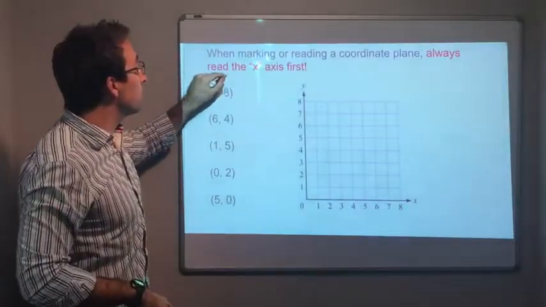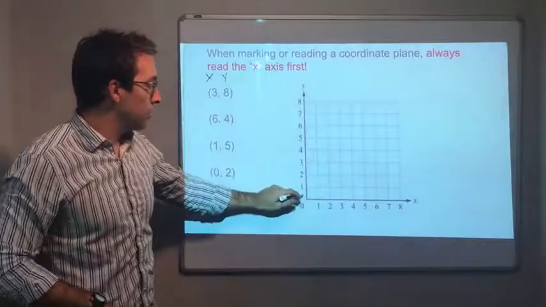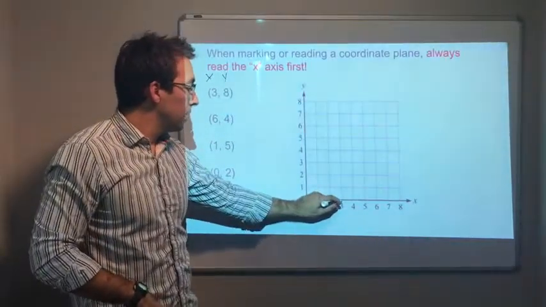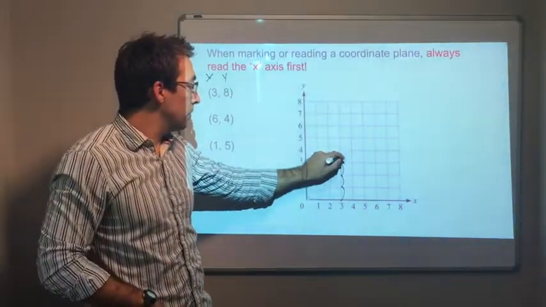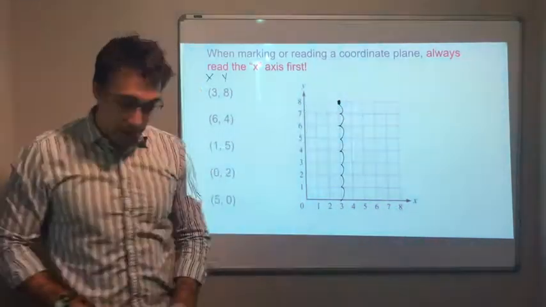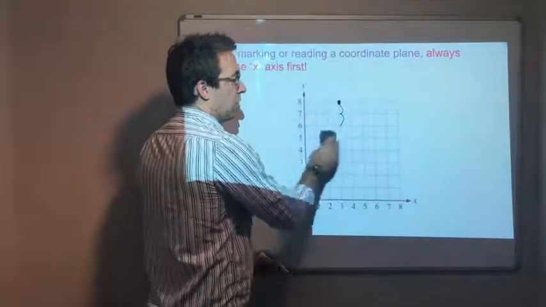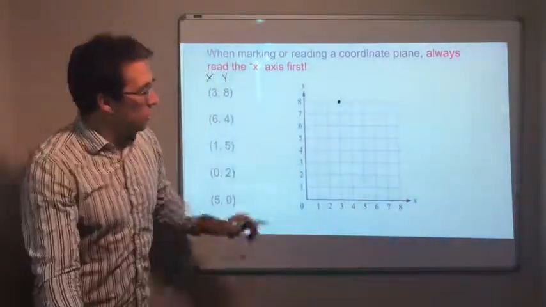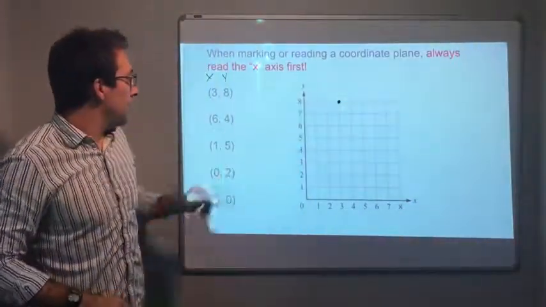X comes before Y. So we go 1, 2, 3, and then 1, 2, 3, 4, 5, 6, 7, 8. That's awesome. If it helps you, you can draw. Look at the numbers: 3, 8, there we go.